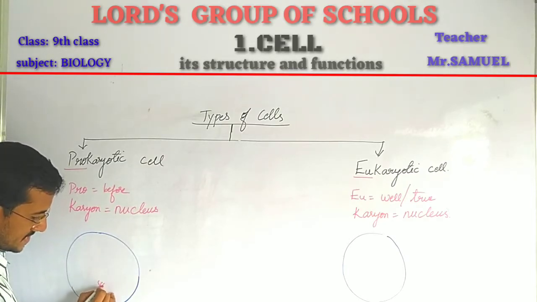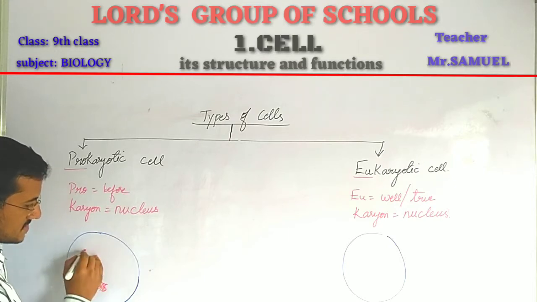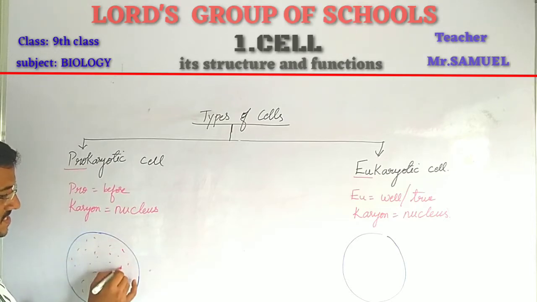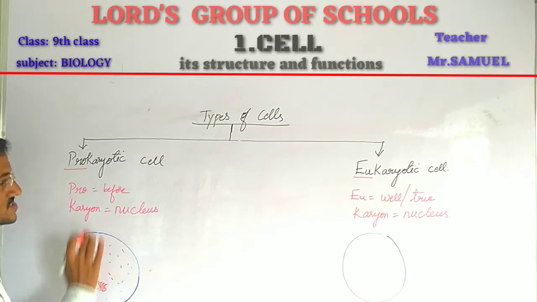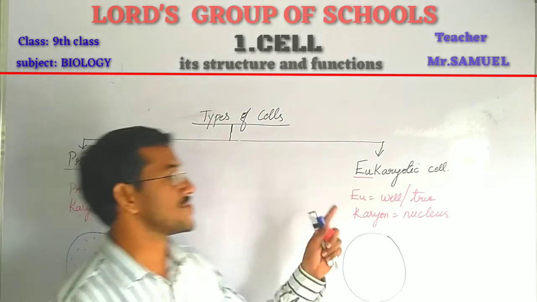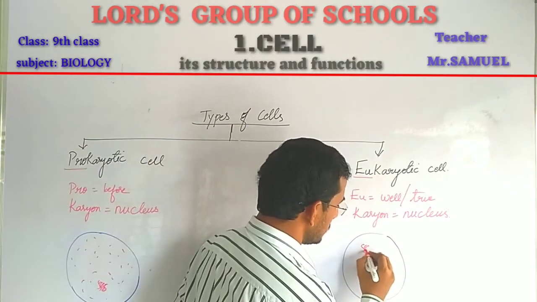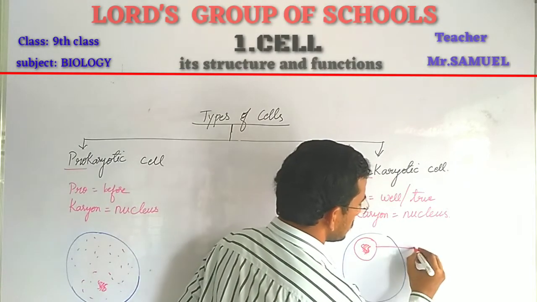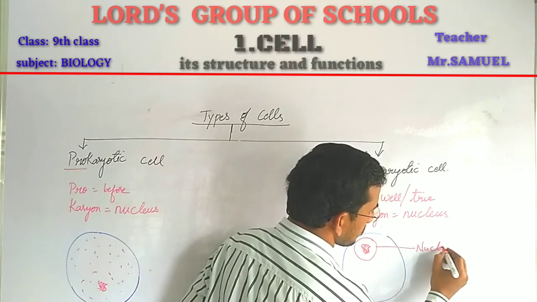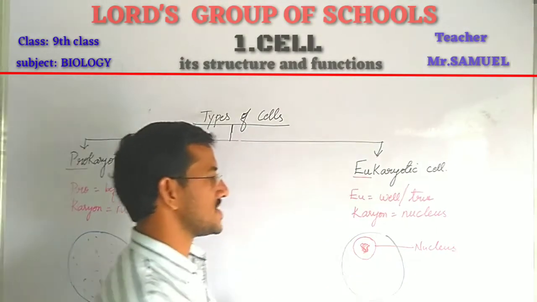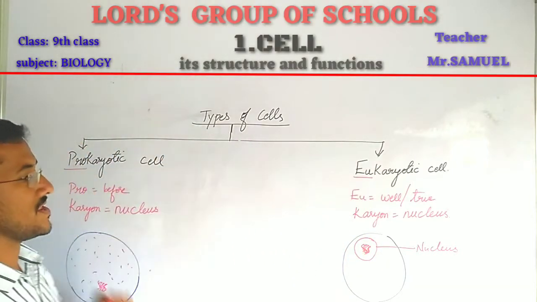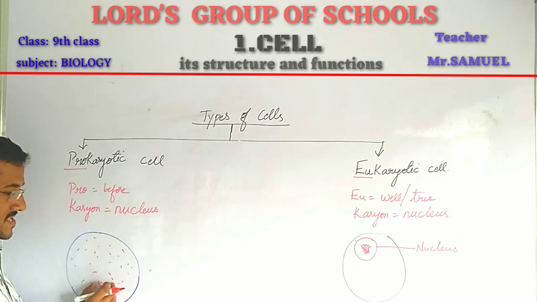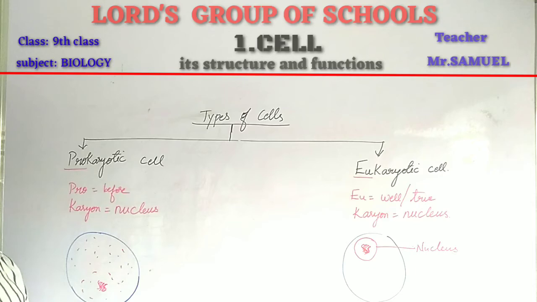So the genetic material is present in cytoplasm of the cell, because nucleus is absent. But in case of eukaryotic cells, genetic material is present in nucleus. So this structure is nucleus, and genetic material is present inside the nucleus.